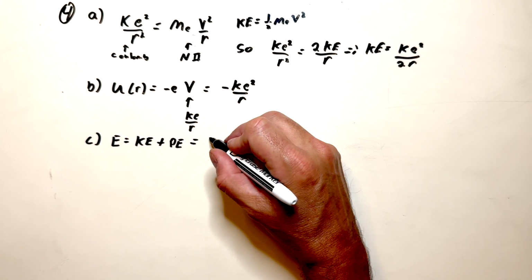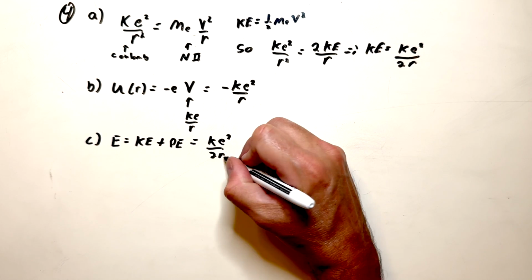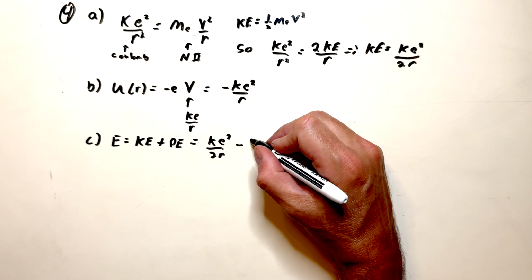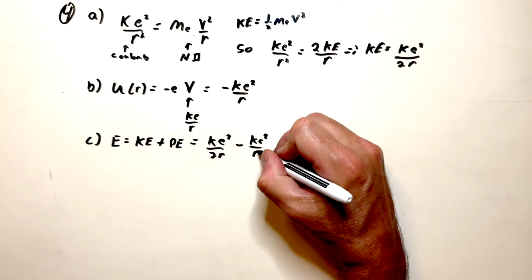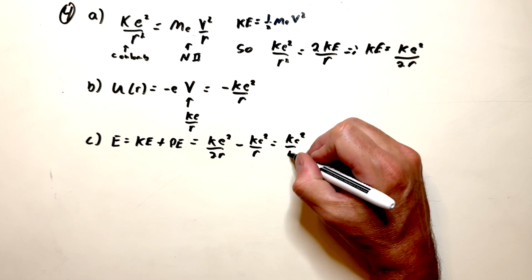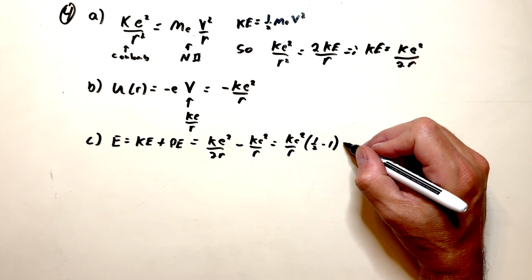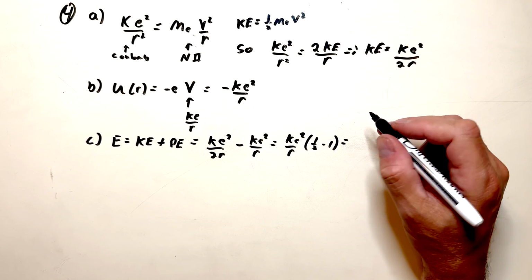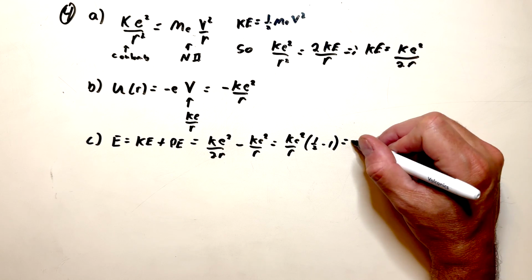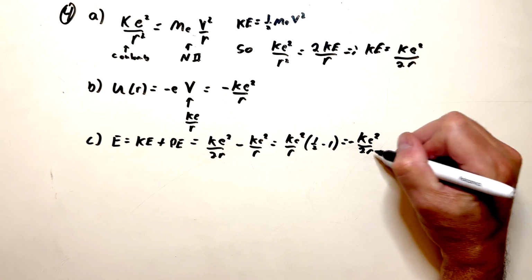And that is going to be equal to k e squared over 2r, that's the kinetic energy, minus k e squared over r, which is equal to k e squared over r times 1/2 minus 1. And this will just give us minus k e squared over 2r.